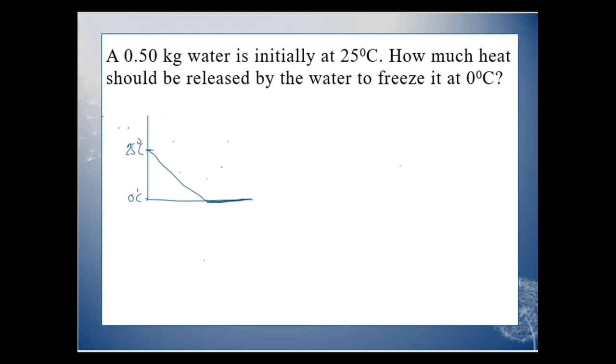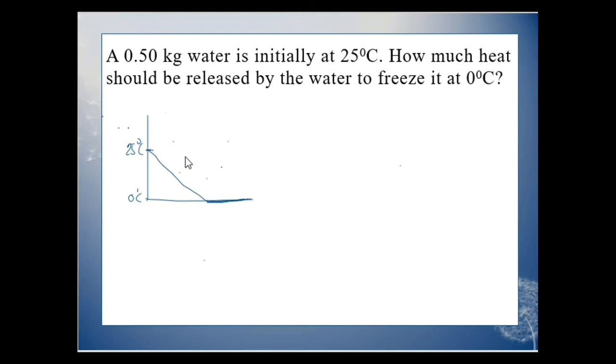So let's use another color. Okay, from 25 to 0 degrees Celsius, is heat absorbed or released? So, answer it in your mind. Absorbed or released. Okay? Since the temperature will decrease, therefore heat is released. But we don't have to assign positive or negative.